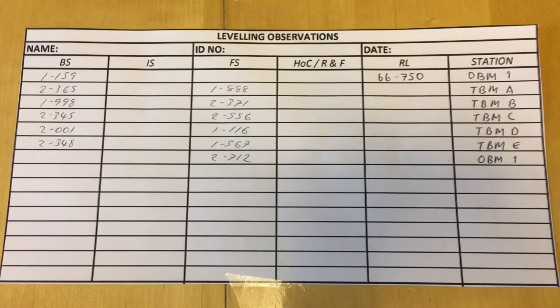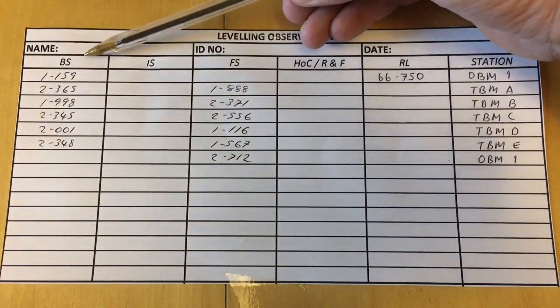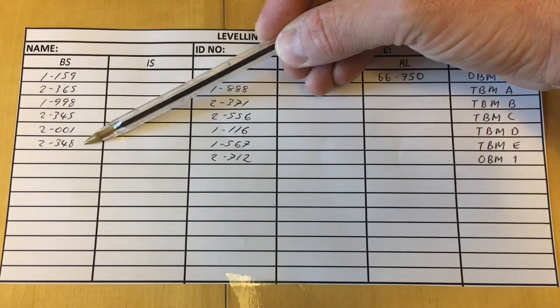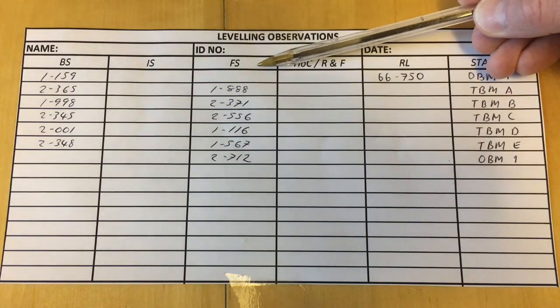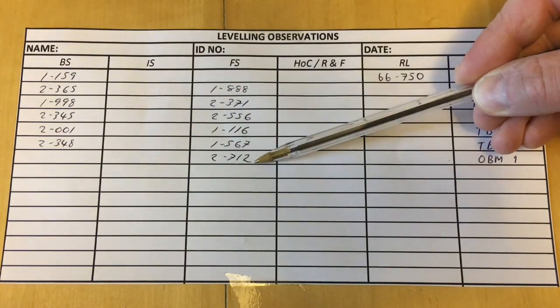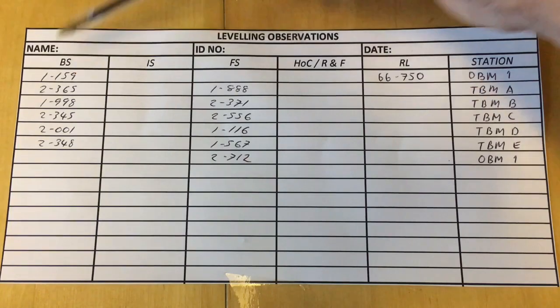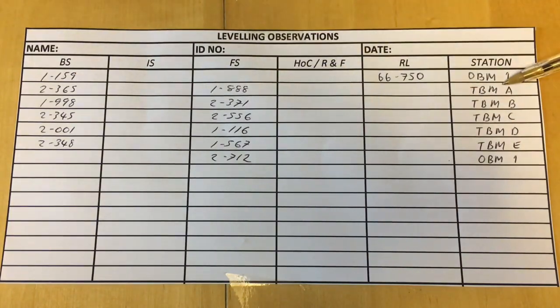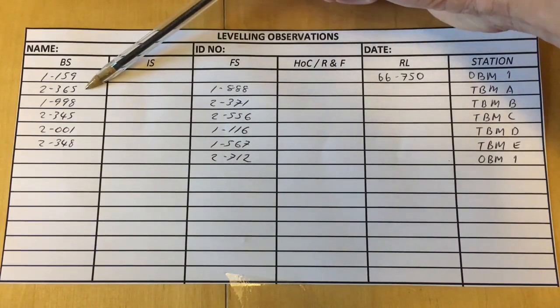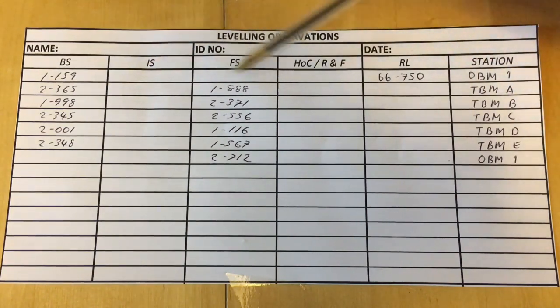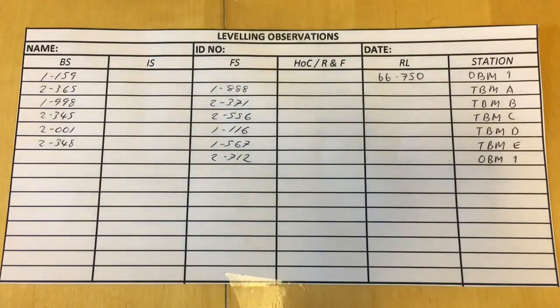From the question itself, we can now input all of the back site data and the foresight data in the relevant columns and rows. Here we have a back site reading onto OBM1, followed by a foresight reading onto TBM A. Then we have a back site reading onto TBM A, followed by a foresight reading onto TBM B, and so on and so forth.